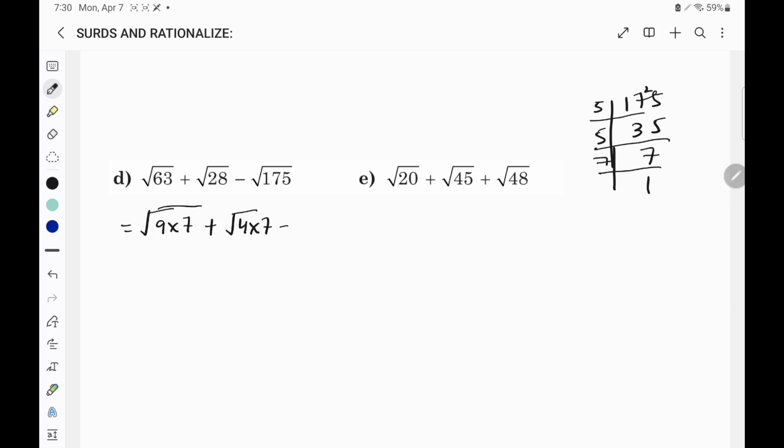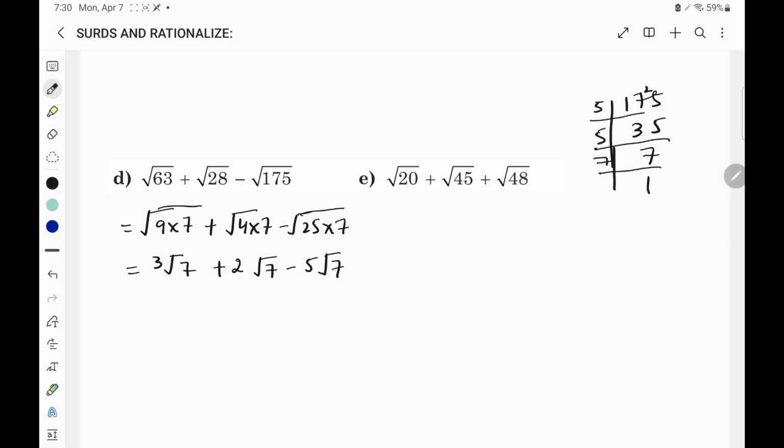5 into 5 into 7, it means 25 into 7. So square root 9 means 3 square root 7, plus square root 4 means 2 square root 7, and then square root 25 means 5 square root 7. Did you see that you will always get the number like that?